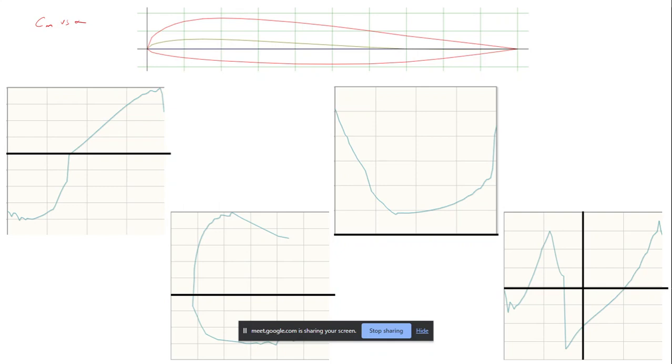So what do we know for a cambered airfoil? CM versus alpha graph, how will it look? It can be stable or unstable. That is not the question here. But what other identifying marks can you notice? Yes. So in which of these graphs can you see something like that?